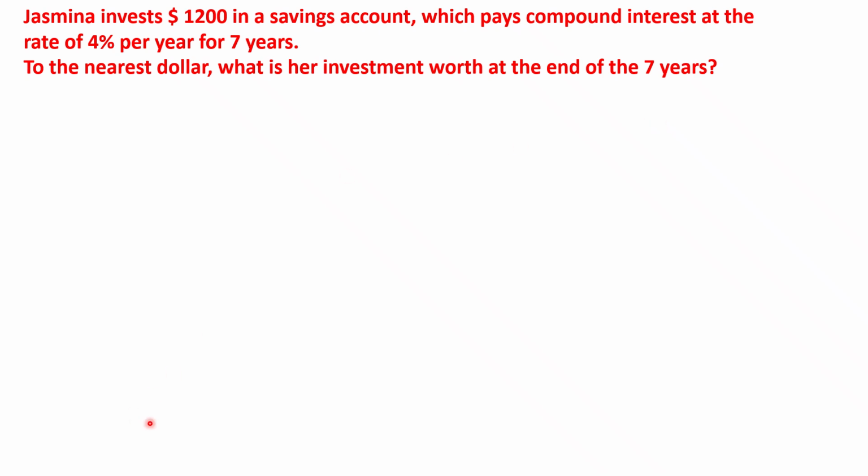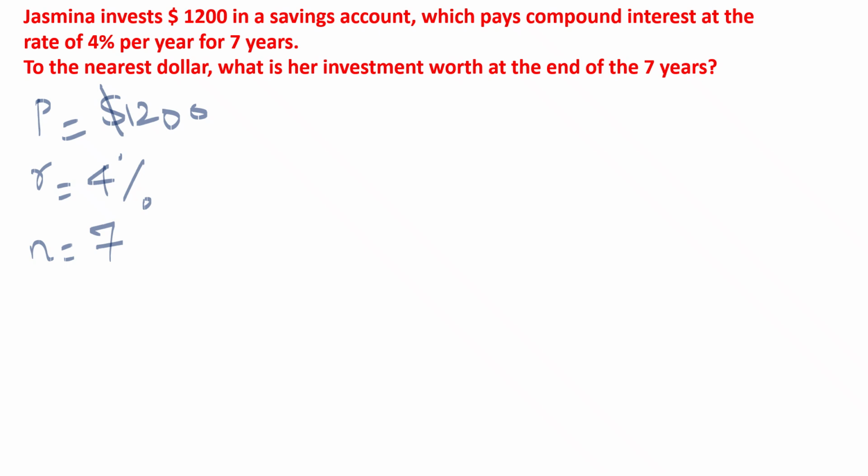First we will note down all the given things. P, the principal amount, is $1200. The rate of interest is 4%. N is 7 years.